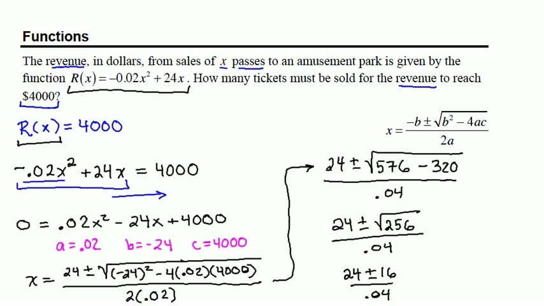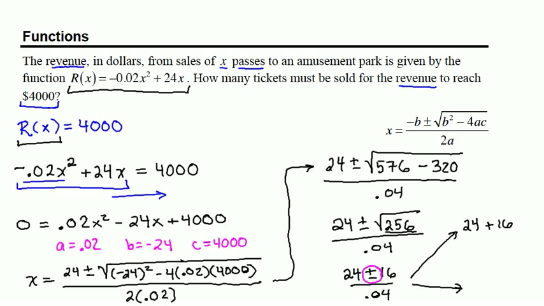In order for us to go any further with this, we're going to have to combine the like terms in the numerator, which means that we're going to need to break apart this plus or minus symbol. This only becomes necessary when your solutions are rational numbers. Because we had a perfect square, 256, in our square root, we were able to get rid of the square root, and we end up with an expression that we can actually combine.